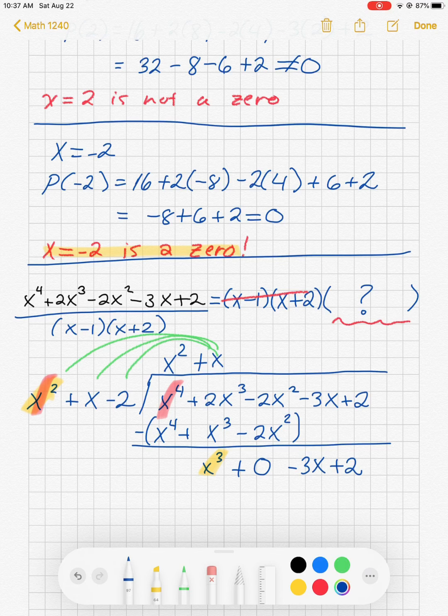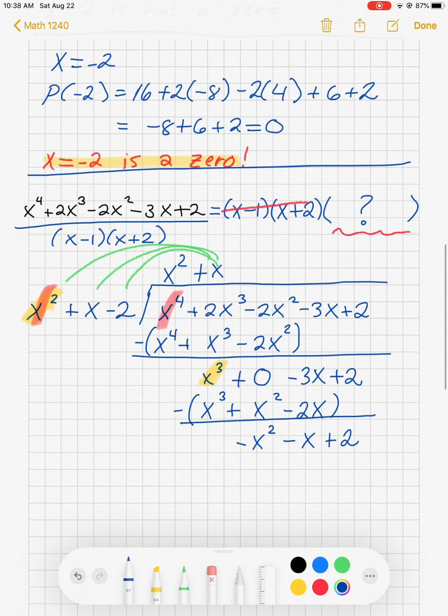Okay, so I get x cubed plus x squared minus 2x. Subtract. So minus x squared minus x plus 2. And repeat.